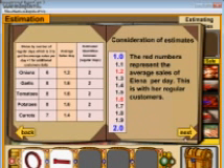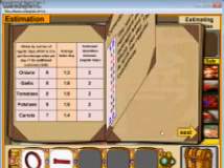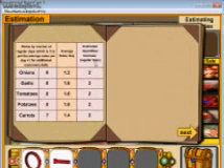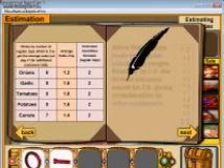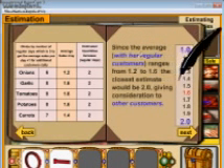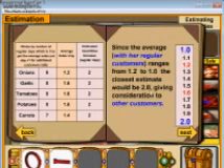Now let's move on to the next page. You can still see the table, and since the average with her regular customers ranges from 1.2 to 1.6, the closest estimate would be 2.0, giving consideration to other customers.